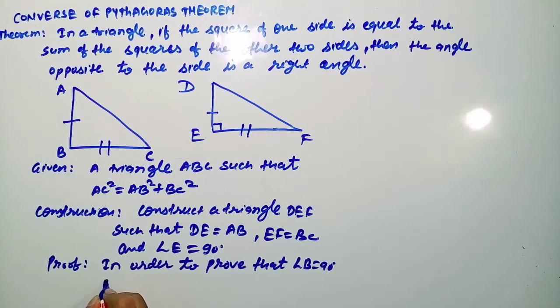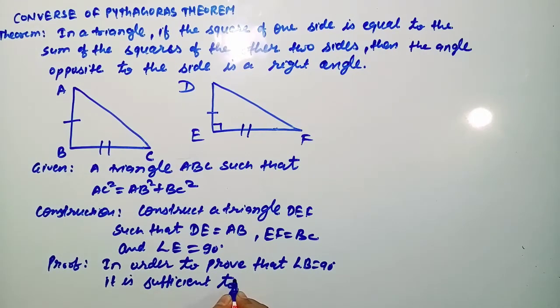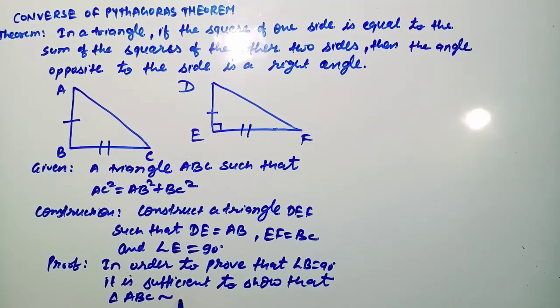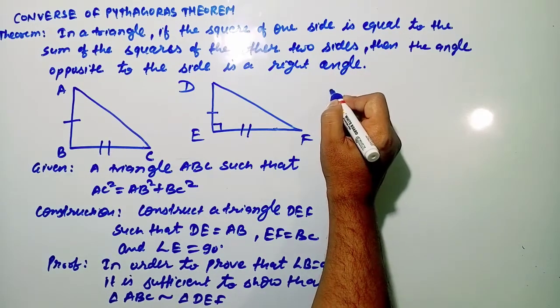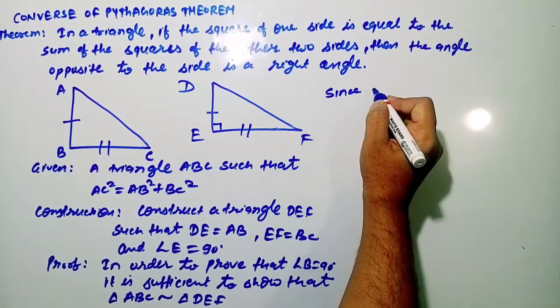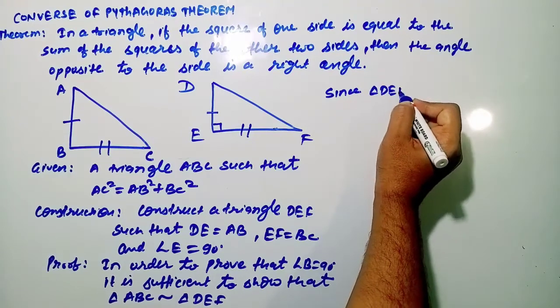Okay, so it is sufficient to prove E is 90 degree, so B will be 90 degree. So it is sufficient to prove triangle ABC is similar to DEF, right? If we can prove ABC is similar to DEF, then angle E will be equal to angle B.